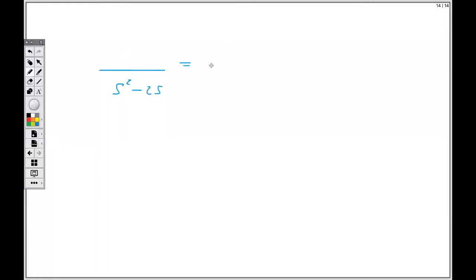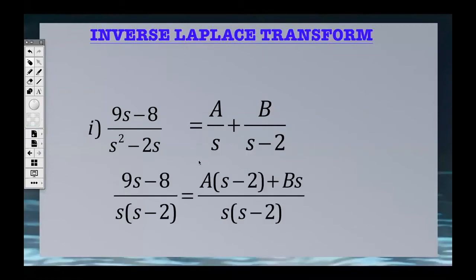I can rewrite this as factor of the s, so we have s minus 2. So when we split it using partial fraction, it will be A over s plus B over s minus 2. Now we're going to find the LCM.